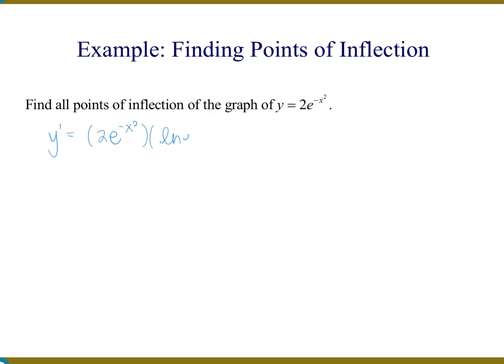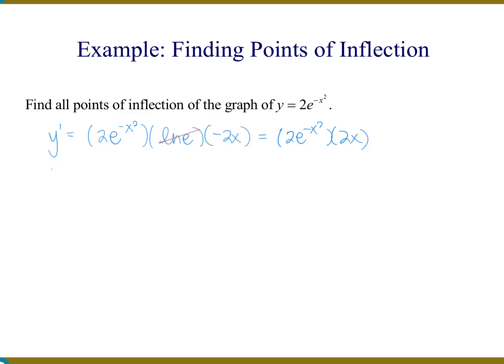Part 2 would be linear. And part 3 would be negative 2x. So that's going to simplify to 2e to the negative x squared and 2x. Linear is 1, so that part doesn't have any significance for this problem.